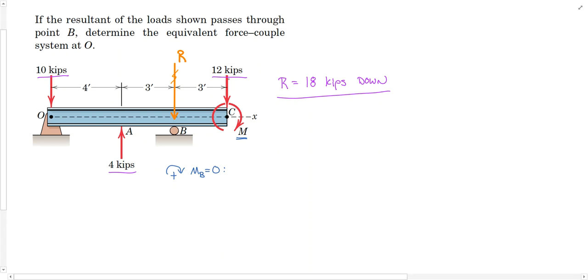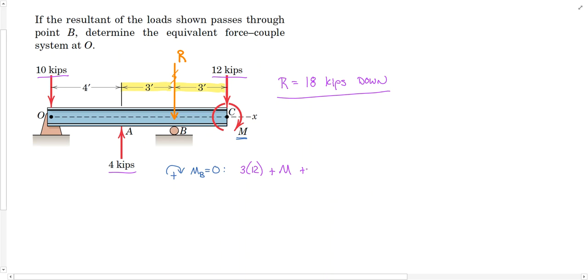Okay, so the 12 kip force makes a moment around point B. It is 3 feet away, and it's going to produce a clockwise rotation. So we have a positive 3 times 12. We can go ahead and add the M. The 4 kip force will also make a moment around B. It's going to create a clockwise rotation around point B, and it has a moment arm of 3 feet.